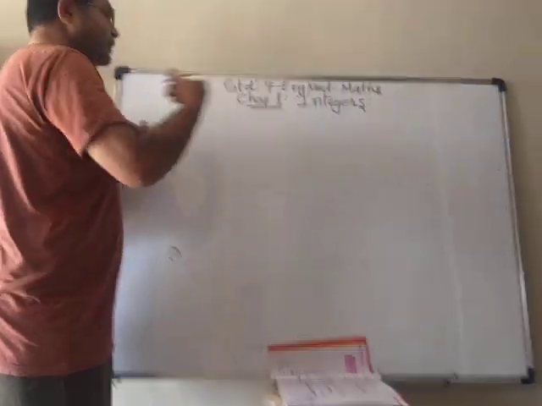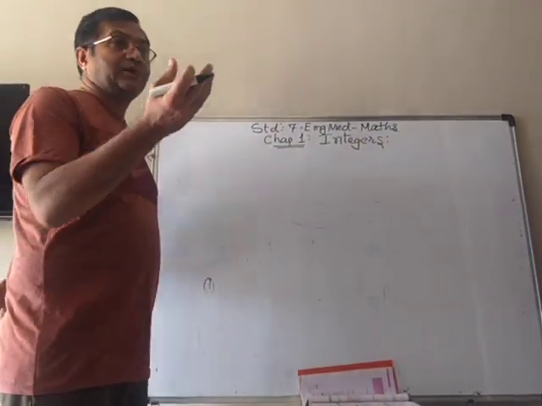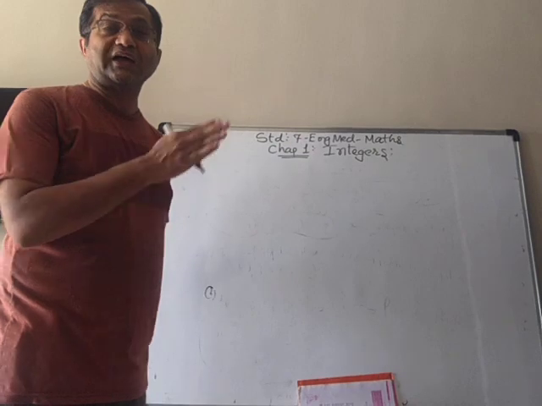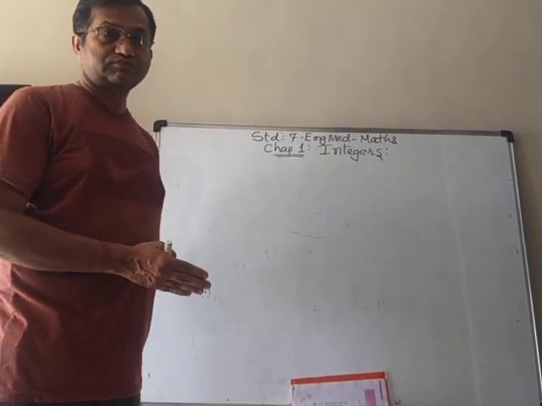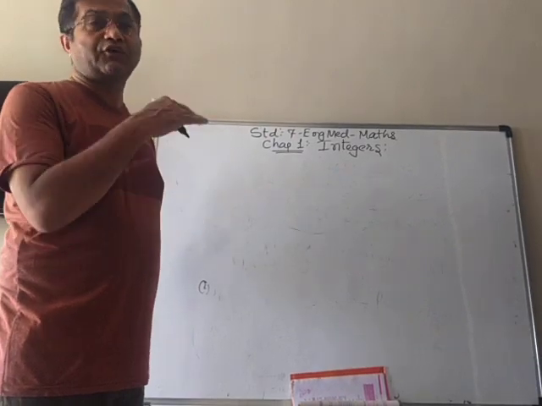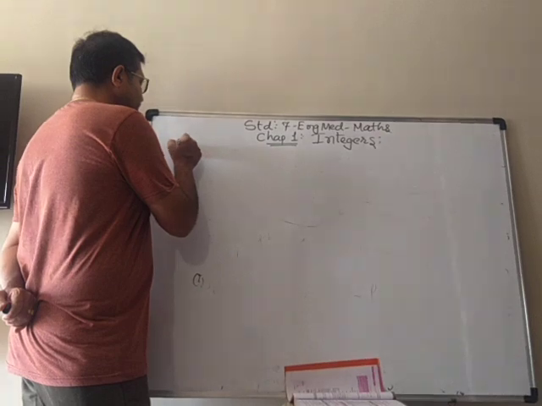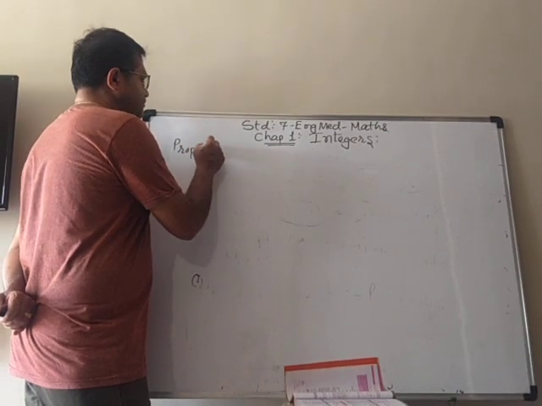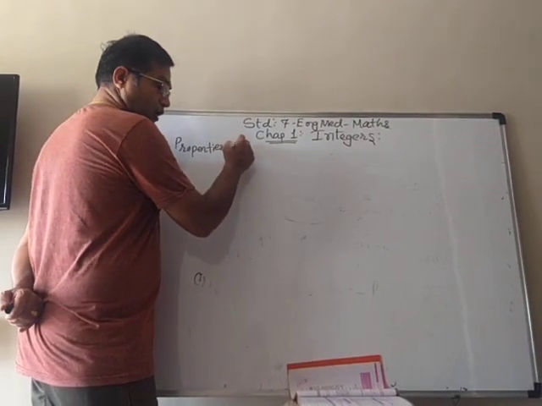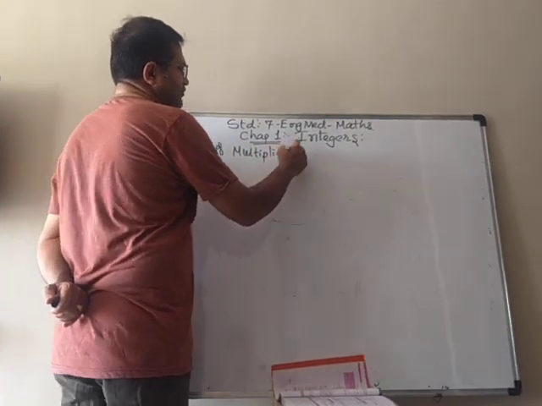Now we will move ahead, and as we learned the properties for the addition and subtraction, now we are going to learn the same properties but for the multiplication of integers.